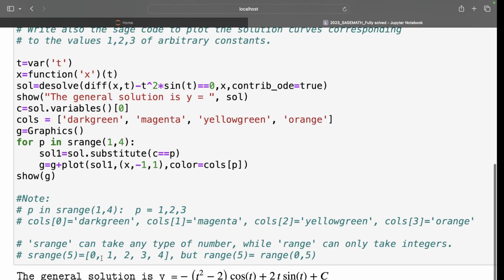So srange(5) generates the list 0, 1, 2, 3, 4, but range(5) gives Python integers from 0 to 4: 0, 1, 2, 3, 4.